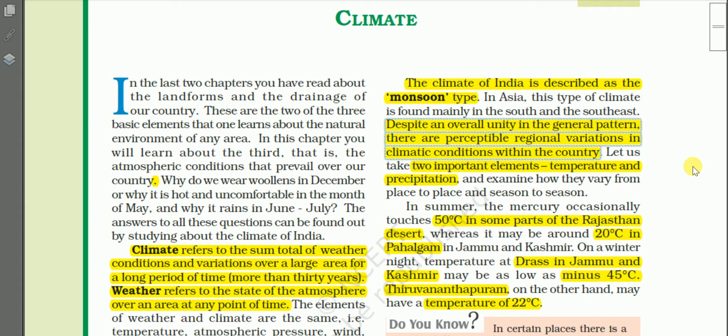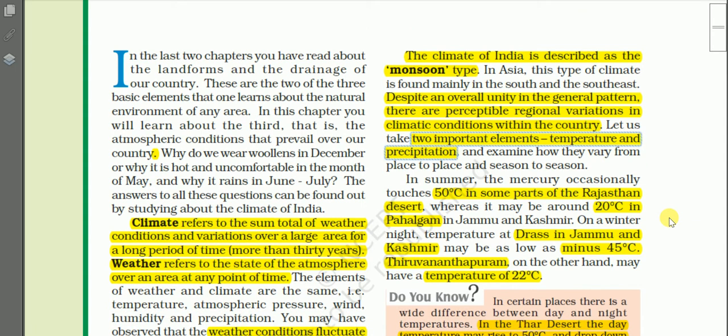So in this way, we find regional variations in the climatic conditions within India. Now let us take two important elements of weather and climate, temperature and precipitation, and examine how they vary from place to place and from season to season.